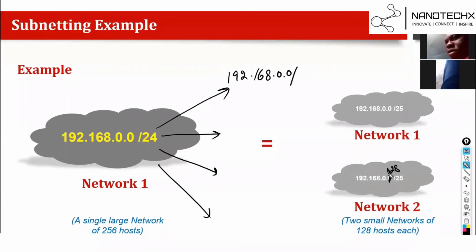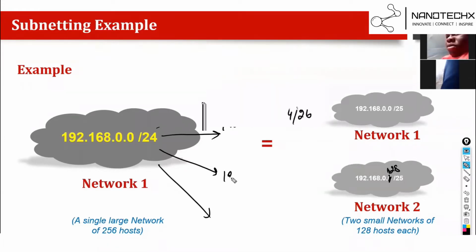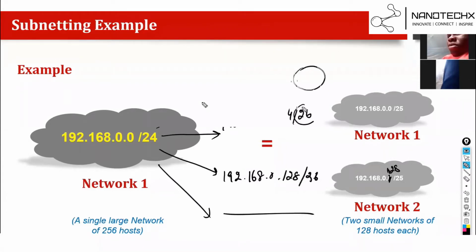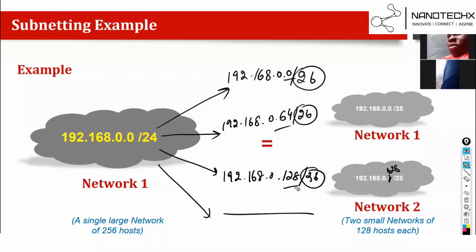The second one will be 192.168.0.64/26. We will see with a practical example how to calculate this. Let's say 128 or anything, then /26, and similarly the fourth one. You can see this portion is making the difference, although the number is also changing, but we will see how it goes. In simple words, we can divide a network into multiple further networks according to our need.